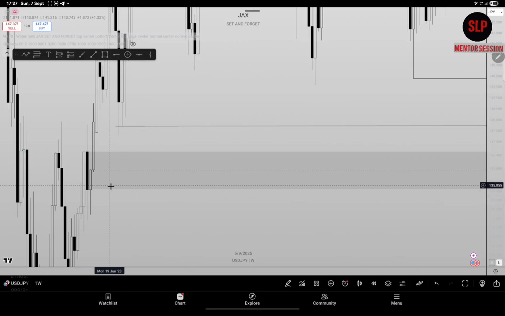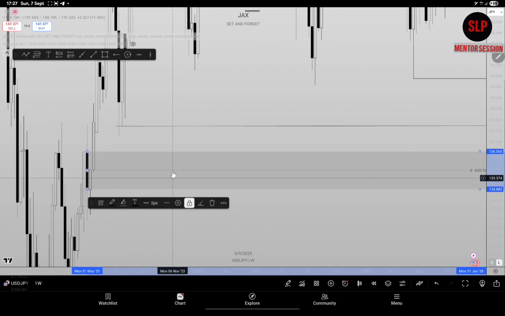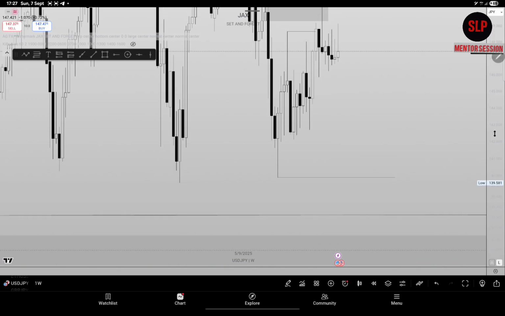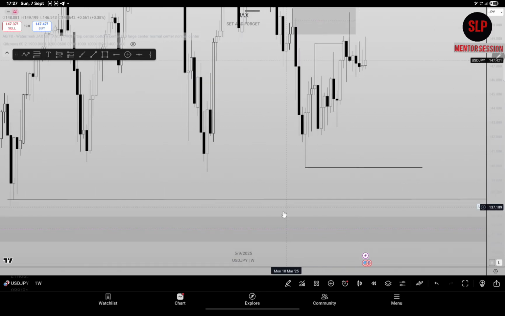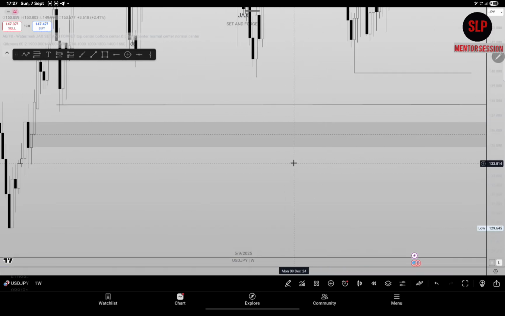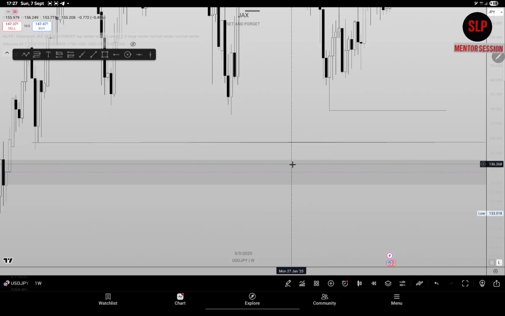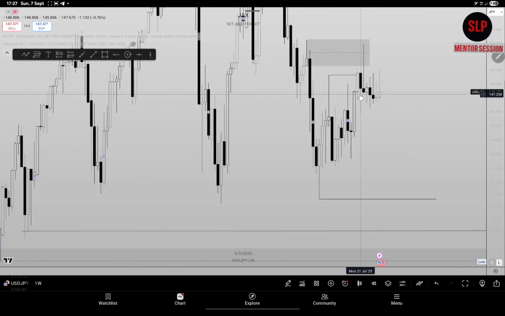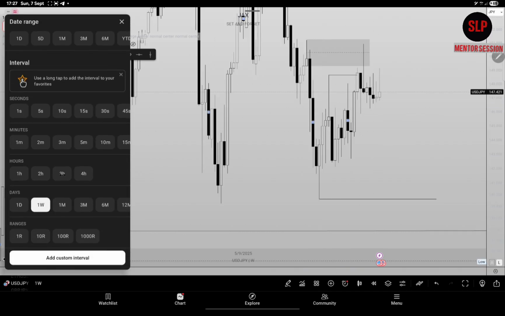So that's the refinement; remember, price will react from that. I'm not saying this right here will change the trend, it could possibly change the trend, but let's mark out places that price will react from. So that's on my 1 month time frame, and I need to move over to my daily time frame.